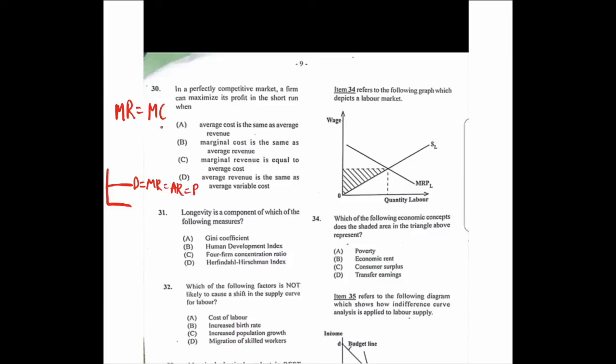So, out of all of these answers, we don't actually see MR equal MC, but we see marginal cost is the same as average revenue, which is true, because remember that marginal revenue is the same thing as average revenue in a perfectly competitive market.